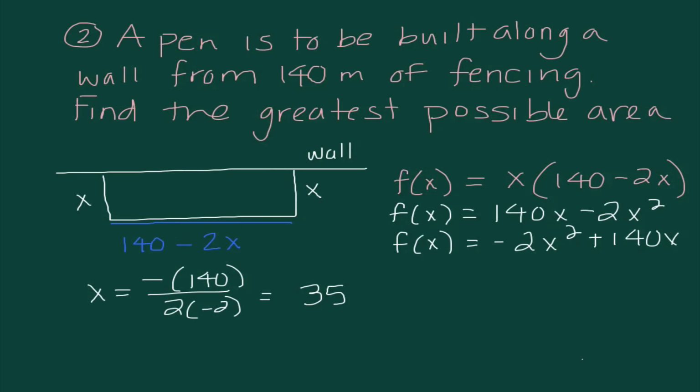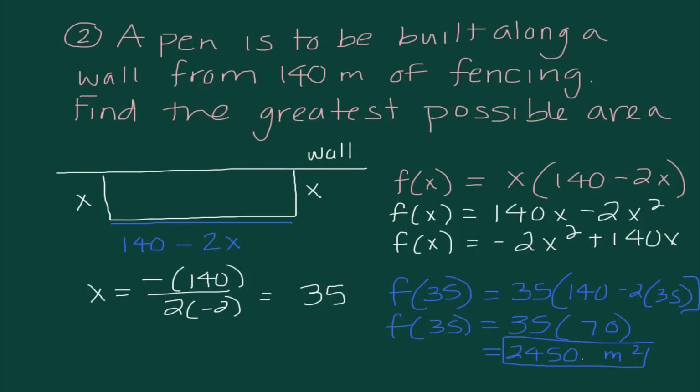However, that's not what the question's asking. It's asking me to figure out what the area is when x is 35. So I'm going to do 35 times 140 minus 2 times 35, which gives 35 times 70.